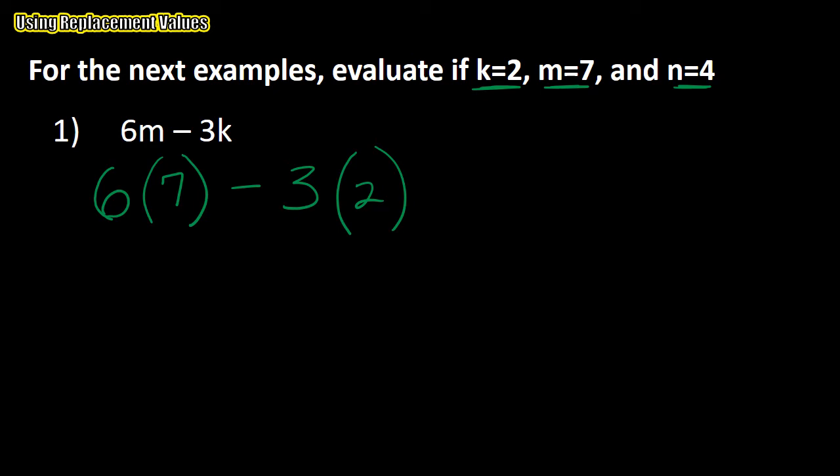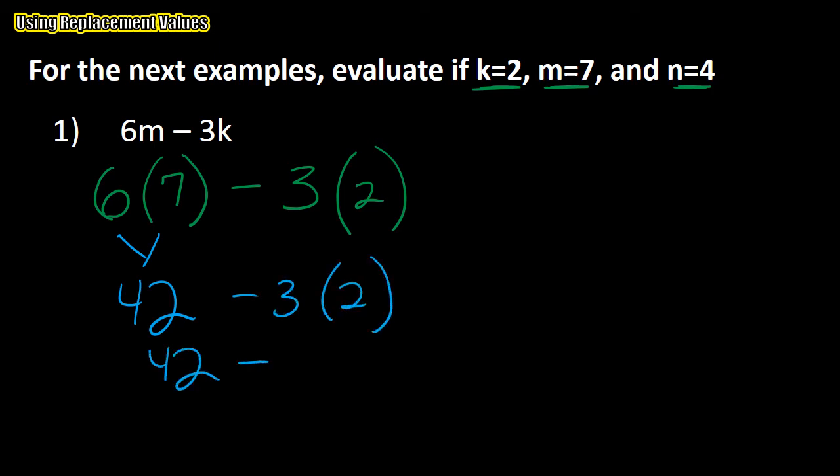Then I do order of operations. 6 times 7 is 42. Minus 3 times 2, which is 6. And 42 minus 6 gives me 36. My very first step was to use the replacement values and write it out before I did any order of operations.